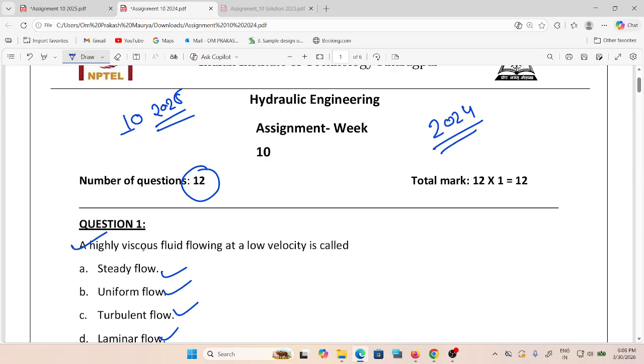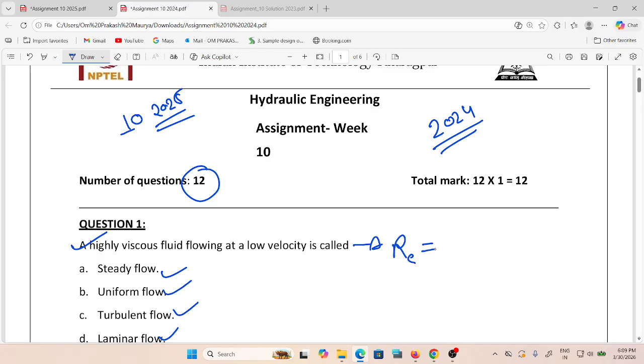Let me explain a little bit what the question is telling you to think. You have a flow that is highly viscous, so the question is indicating you need to think about Reynolds number. Why?